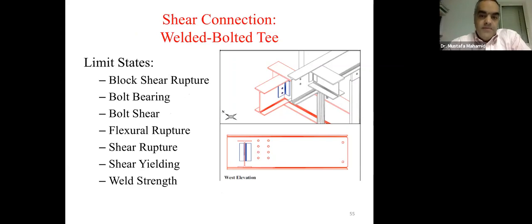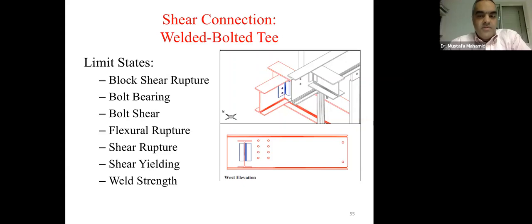Of course, you have a single shear because the web of the T is on one side of the beam web, unlike the double angle connection where you have angles from both sides and you get double shear. So this will have less capacity, but it's an option and it's used for different applications.